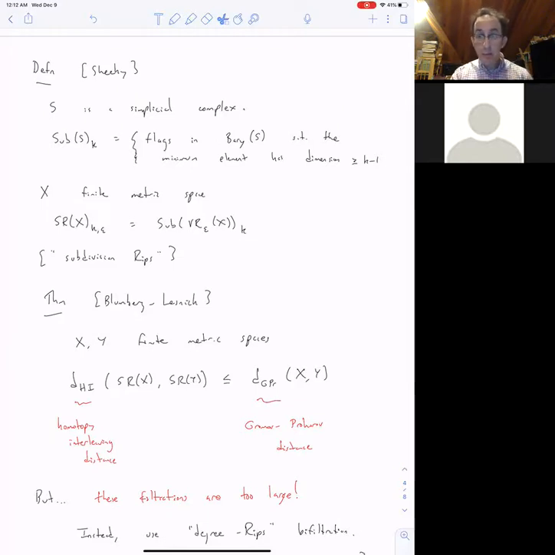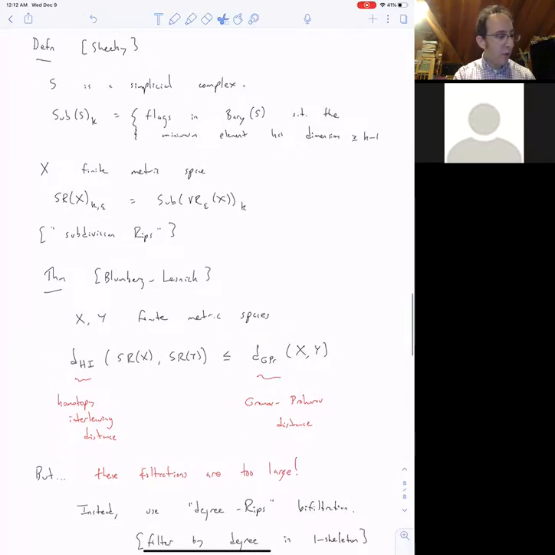And now to turn this into a bifiltration, if you have a finite metric space, you look at what we call the subdivision Rips filtration, where at (k, epsilon), this is the kth barycentric filtration of the epsilon-scale Vietoris-Rips complex. Okay, and you can check that this is in fact a bifiltration.